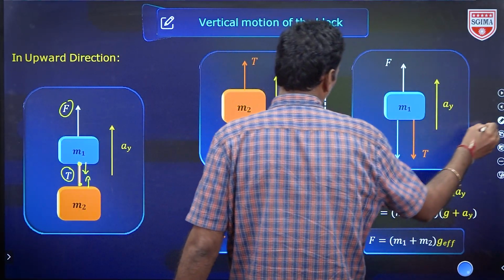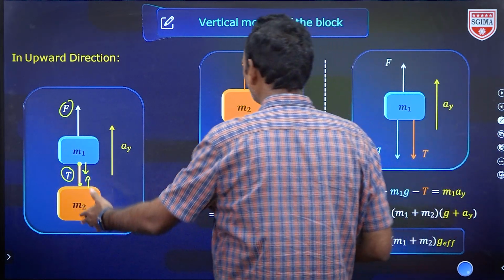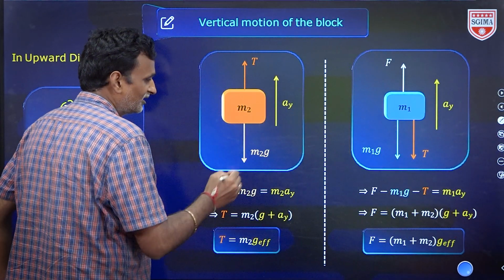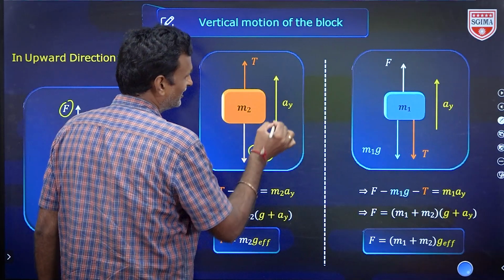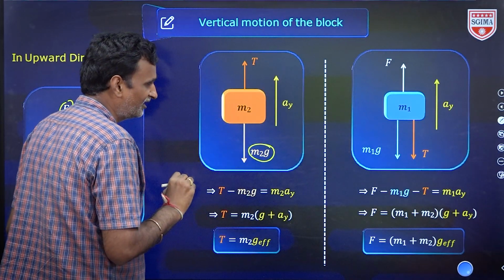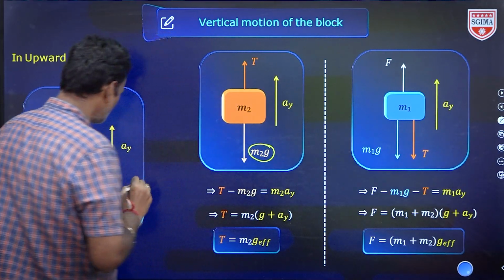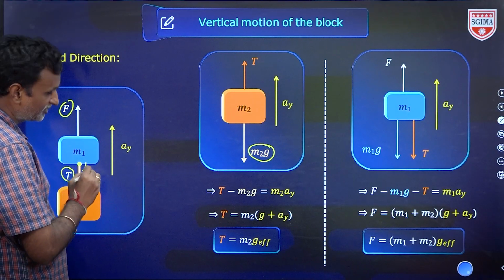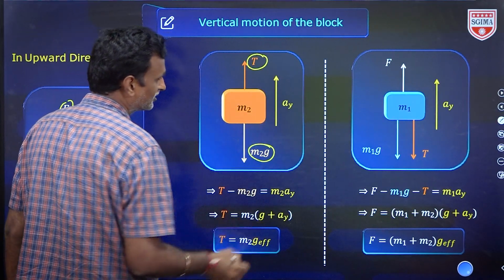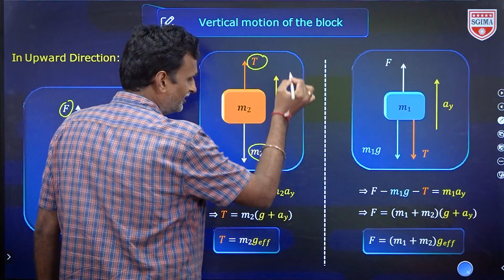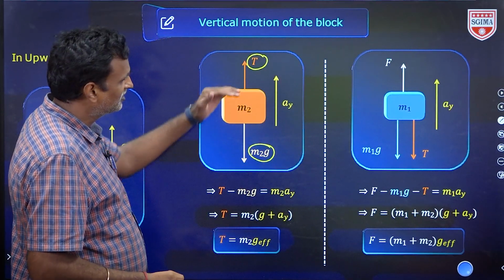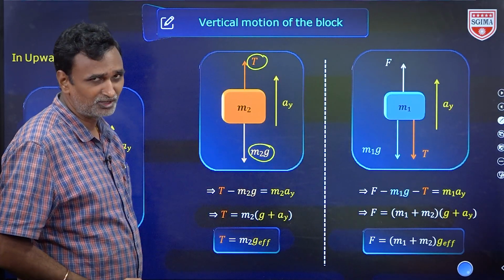the free body diagram of the M2 block. So for the M2 block, the downward force is M2G and the acceleration is upward, same AY only, and here, as I just told you, this is the tension force in the upward direction, so tension upward and it is going upward. F net equation, how to write: upward force minus downward force.